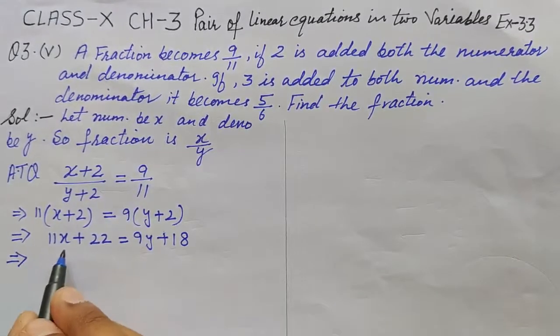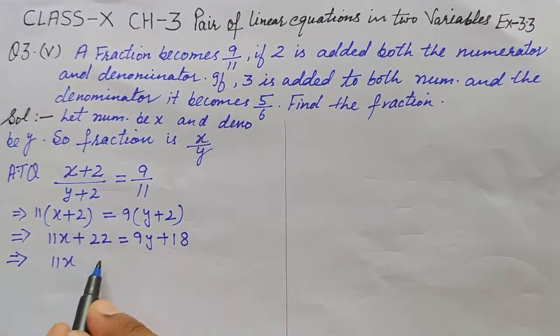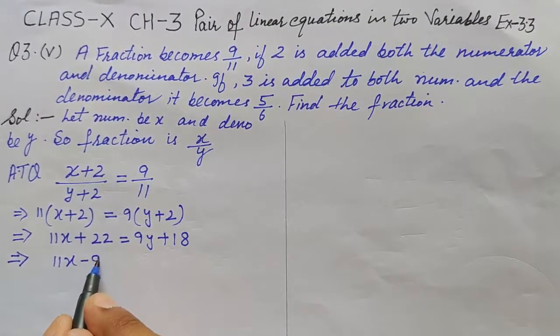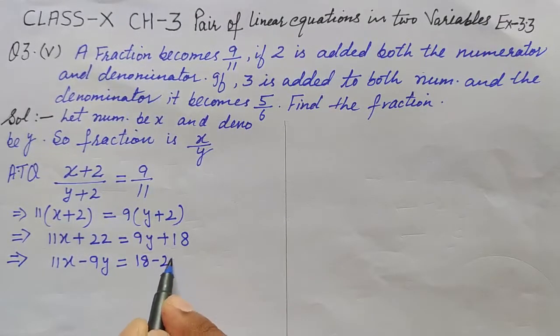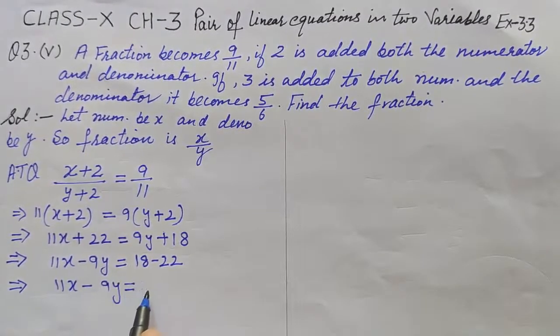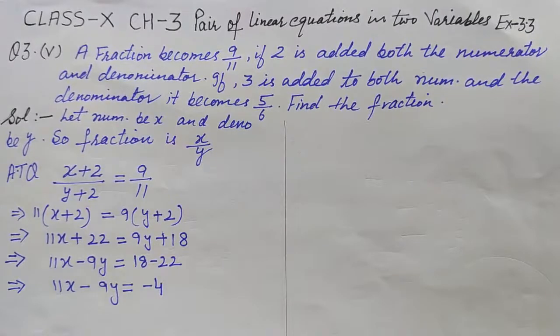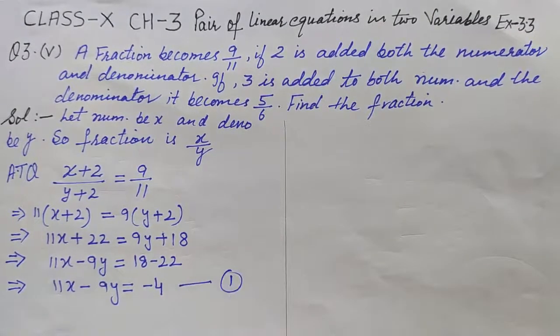So we'll bring the variable terms to the left hand side and constant terms to the right hand side. So it becomes 11x minus 9y is equal to minus 4.